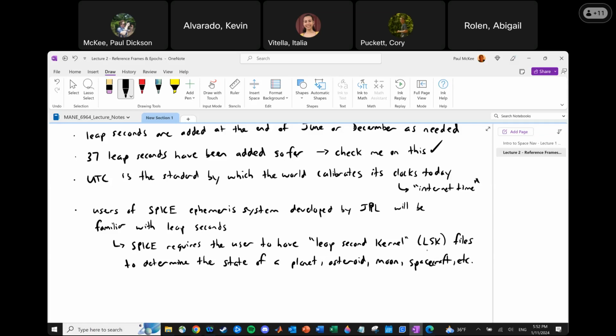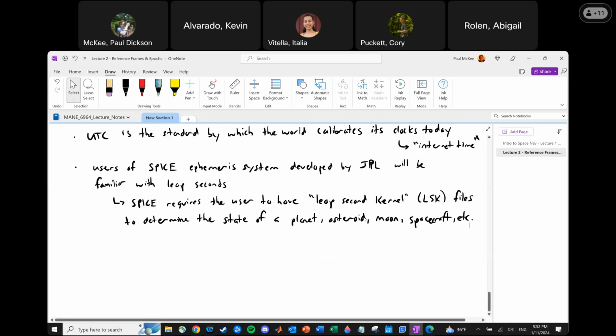So when we get to homework 1, you will need a leap second kernel file, and I'll explain how to get those. That's not too complicated, but it's just so now you know what that means. It's to keep track of exactly what time it is as we propagate time into the future, that sort of thing. Okay, questions about time? Otherwise, we're going to get back to reference systems and reference frames. So far, so good?